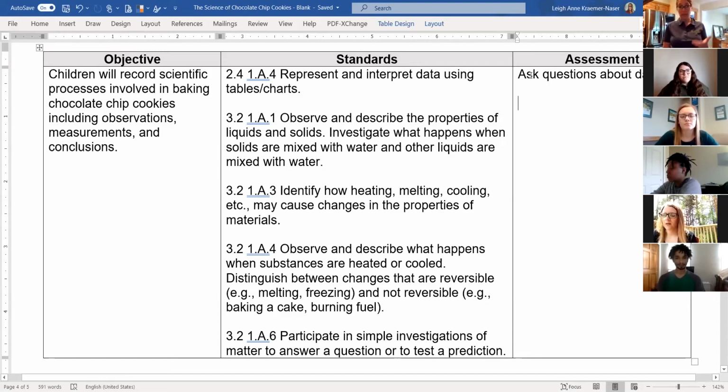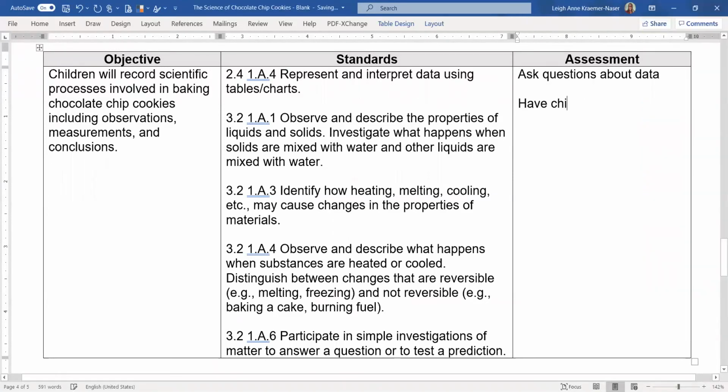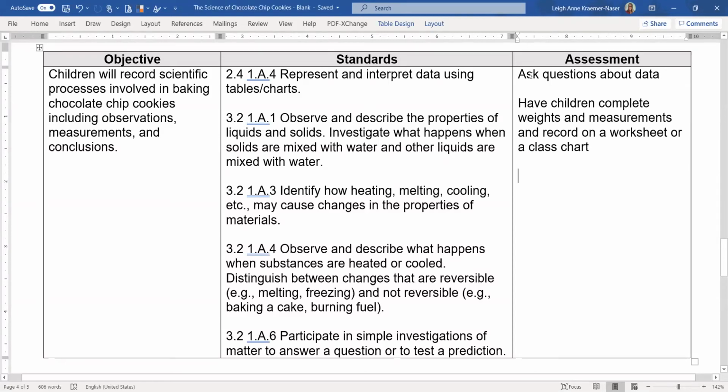They could each, depending on the classroom setup, have a turn at the scale, use a ruler at their desk. So we could have children complete weights and measurements and record on a worksheet or a class chart. What else could we do to make sure they're really understanding? Think about those observing and describing properties.